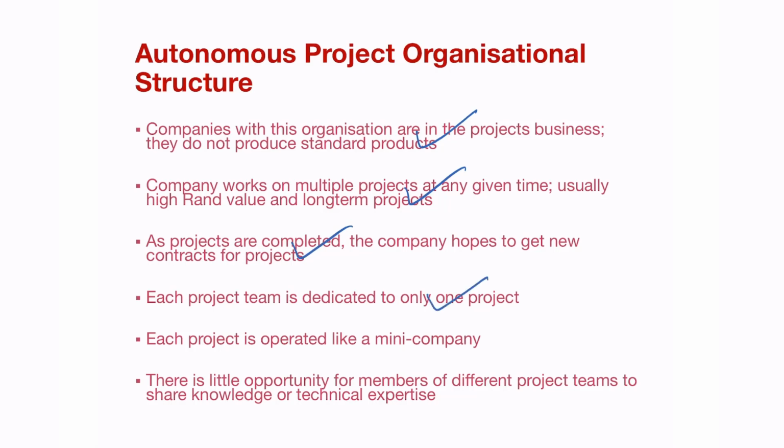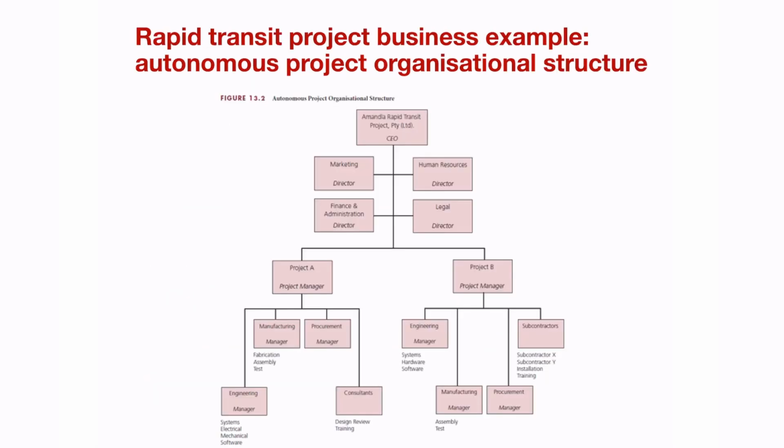Each project team is dedicated to a single project with a project lead working on it. Each project is operated like a mini company, so they have their own income statement, and each one is a profit center. There's little opportunity for members of different project teams to share knowledge and expertise.